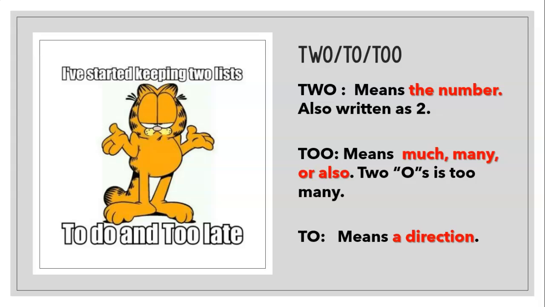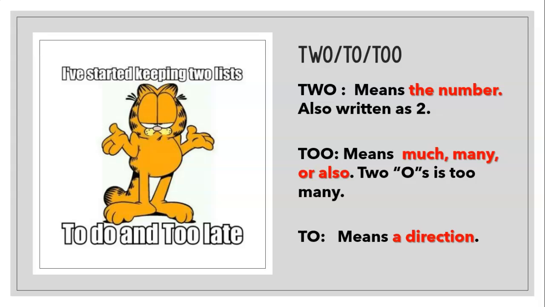Our next set of words is two, and two. TWO means the number. It's also written as the number 2. TOO means much, many, or also. So I've had too many Diet Dr. Peppers, true story.